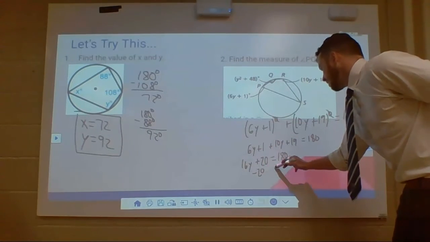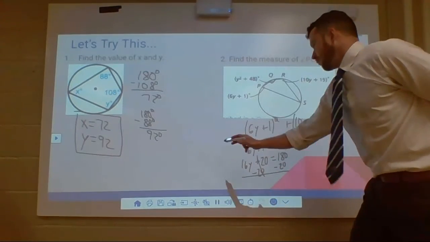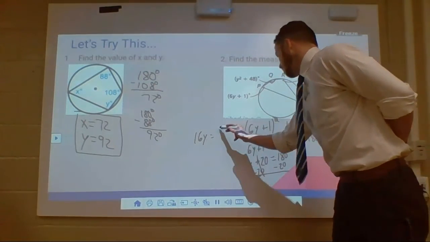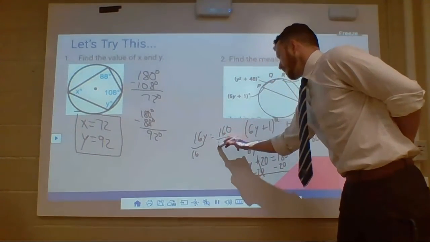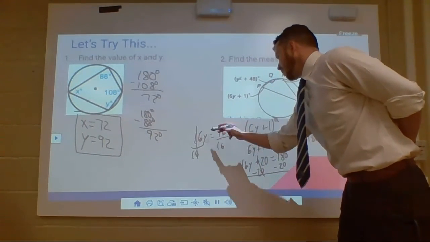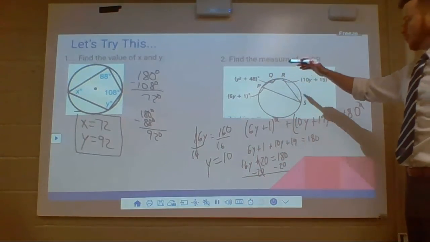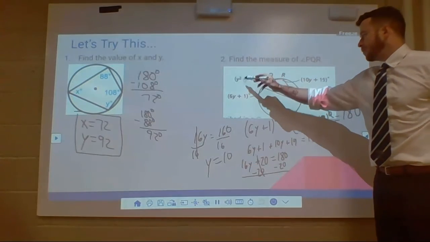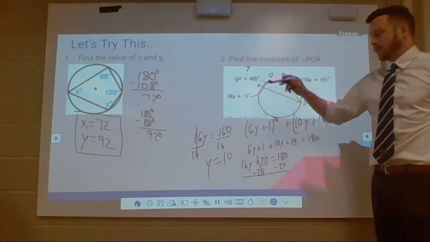Subtract 20 on both sides. We're going to get, I'm going to move right here, 16y equals 160. Divide by 16. We're going to get y equals 10. So the value of y is 10. So I know what y is now. So in order to find the measure of angle PQR, which is what we're trying to find here, that's y squared plus 48.